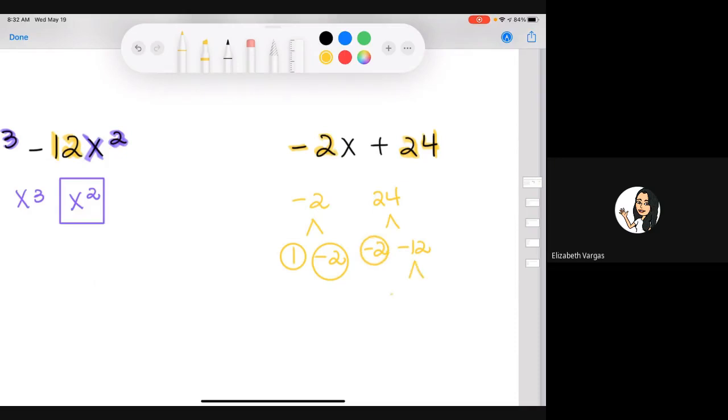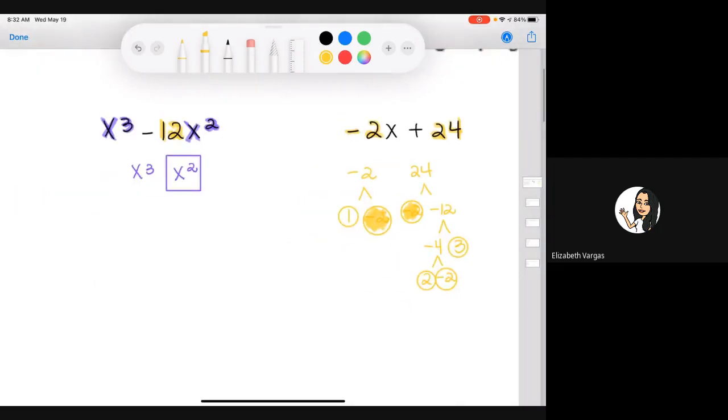So I want to go ahead and further factor -4 and 3. 3 is a prime. 2 and -2. 2 is a prime and -2 is a prime. So I've gone ahead and I factored out both of those whole numbers. I want to see what they have in common. They have in common 1, -2. And so therefore, the factor that I'm going to take from that is -2.